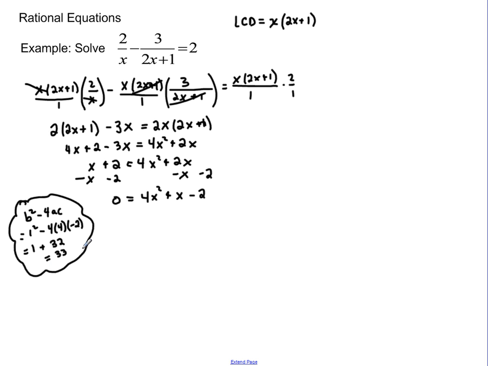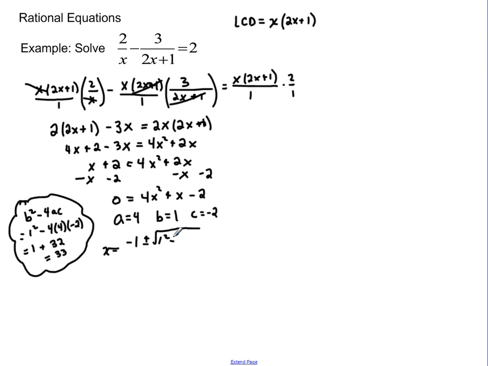But even though it's not factorable, we've already done part of the work that we need to do, because we could use our quadratic formula wherein a is equal to 4, b is equal to 1, and c is equal to negative 2. And if we make that substitution into our formula, we're going to find that x is equal to negative 1 plus or minus the square root of b squared minus 4ac. Well, we've already done that, right?